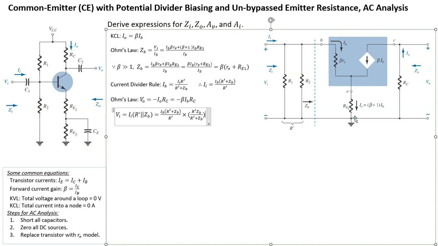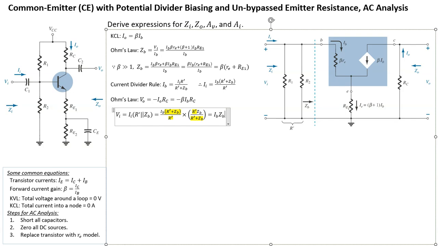You should be able to see quite clearly some of the terms will cancel out. For example, R prime here would cancel out with this R prime, and R prime plus ZB, this entire bracket, cancels out with this entire expression. So then what's left is just going to be IB ZB. So that's the expression for VI.